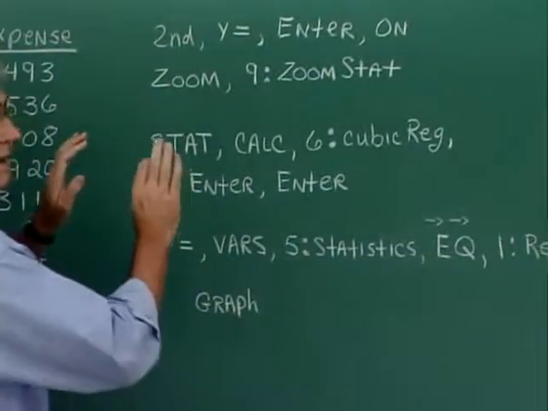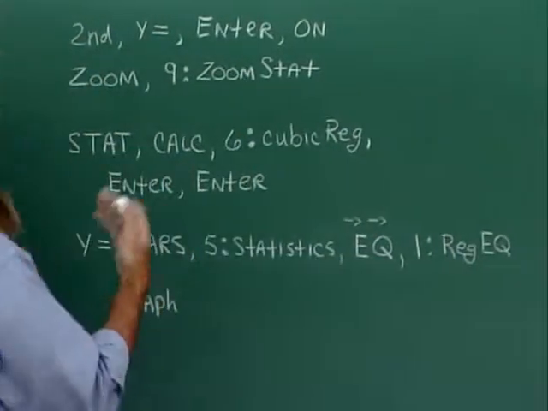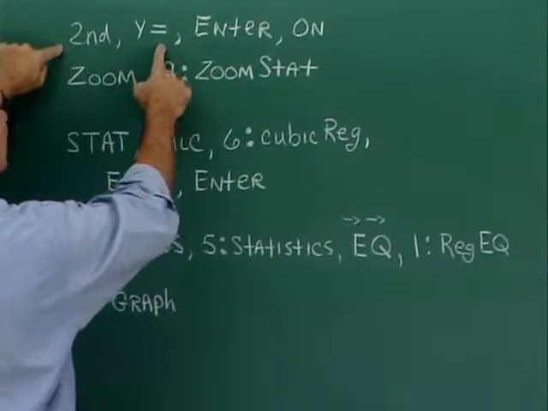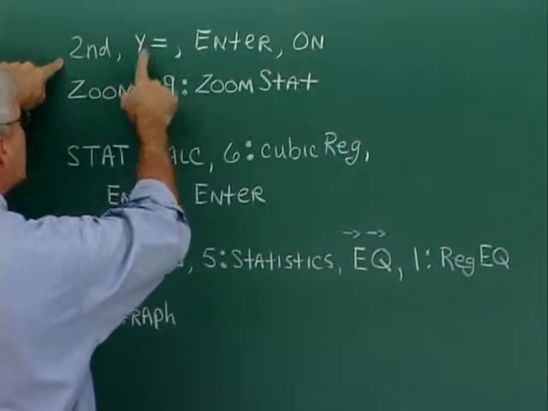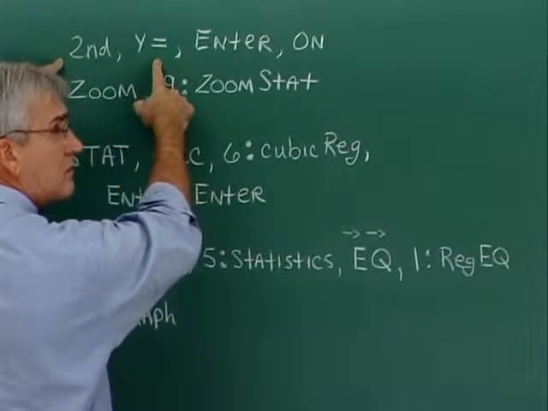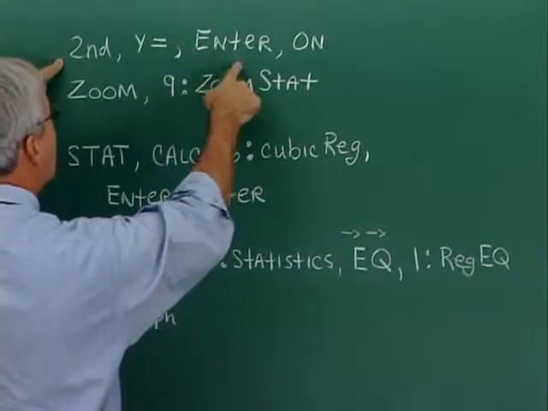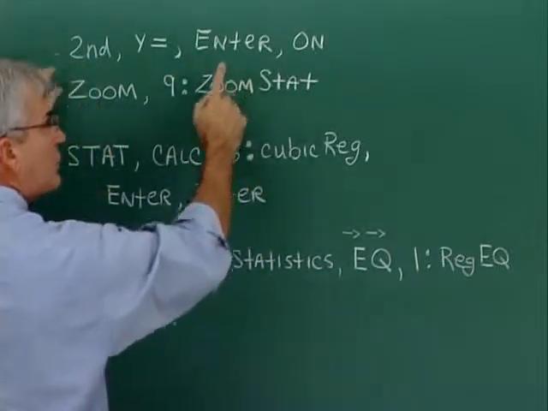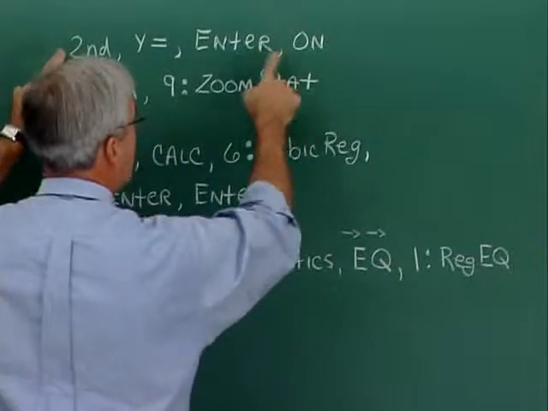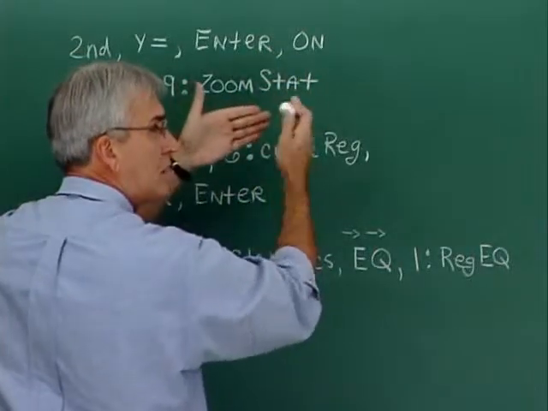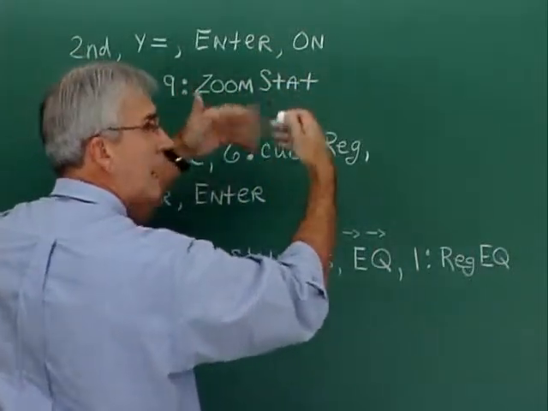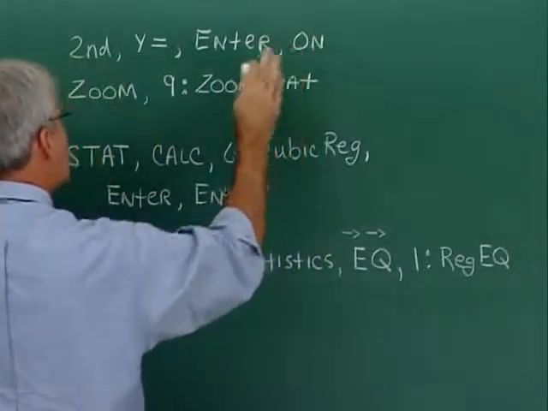All right, we want to make the calculator give us the stat plot. And here's what you do. Second y equals. Now, the second function on y equals is marked stat plot on the calculator. Press enter. And what you want to do is turn the plot on. So use the cursor to put the icon on top of the on button, press enter.